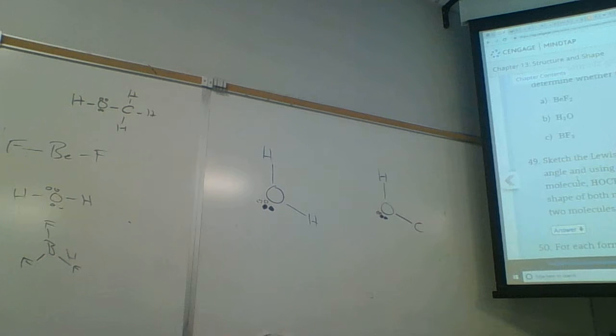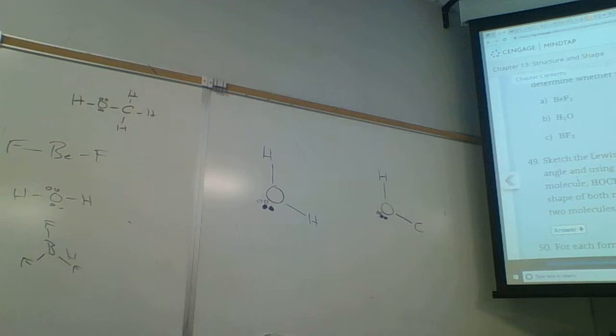Are hydrocarbons polar or nonpolar? Hydrocarbons are nonpolar regardless of the shape, because the carbon-hydrogen bond is nonpolar. The electronegativity difference is so small, that means they're close in electronegativity.